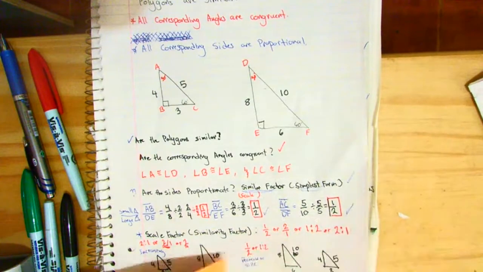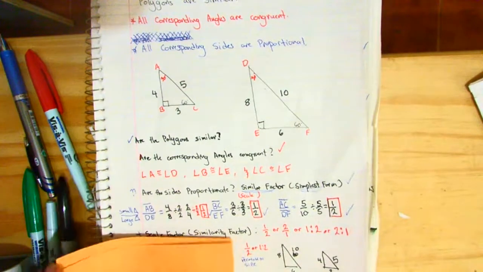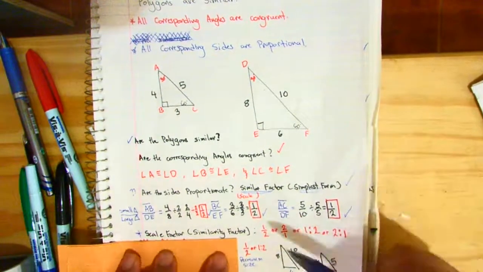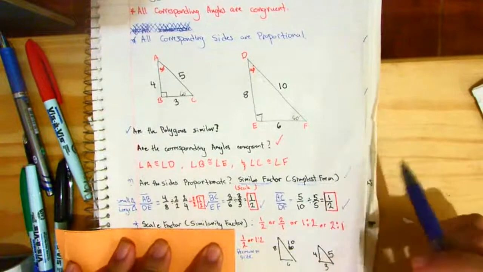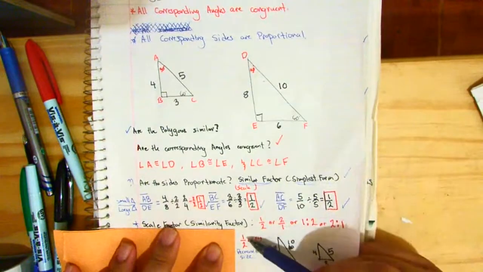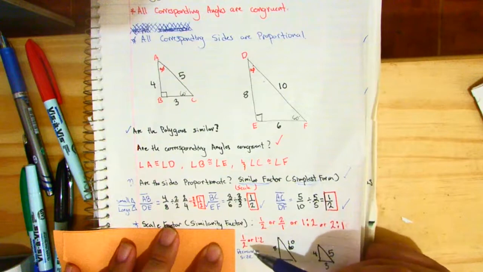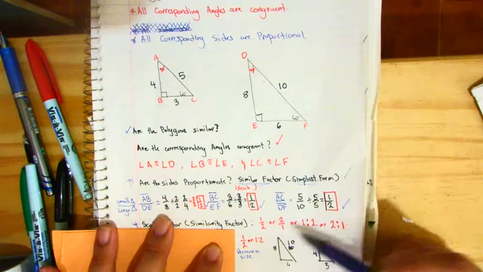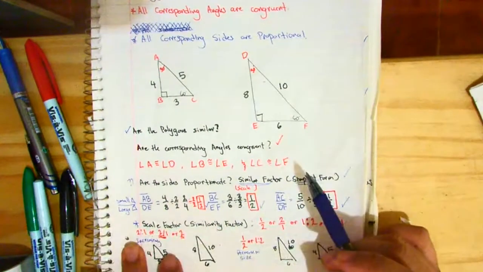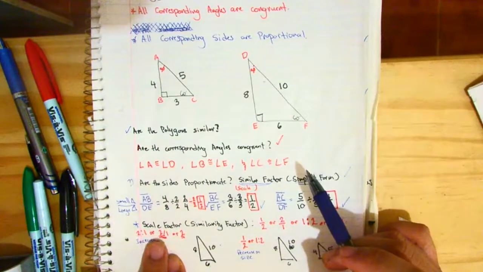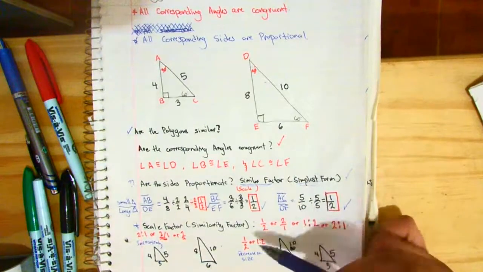The next one is when you write it as 1/2.